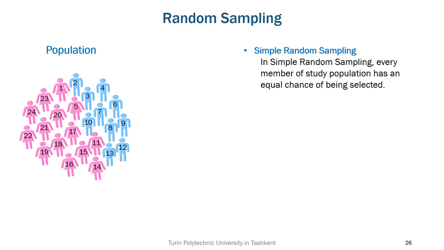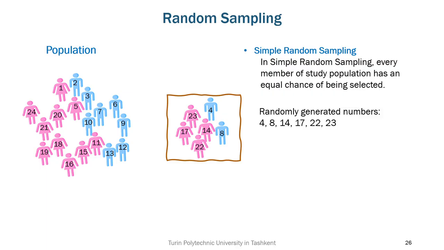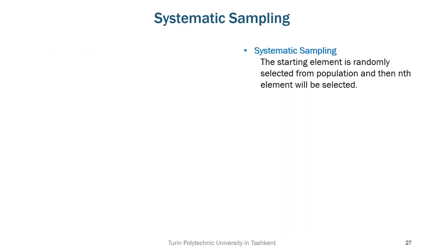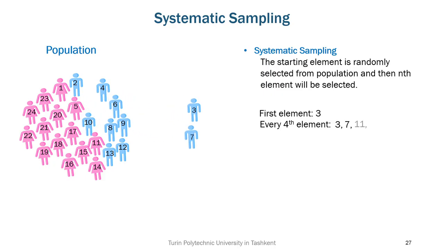We also have some types of selecting samples. Random sampling is when we choose samples randomly. In systematic sampling, we choose every fourth, every second, or every some number of the element.